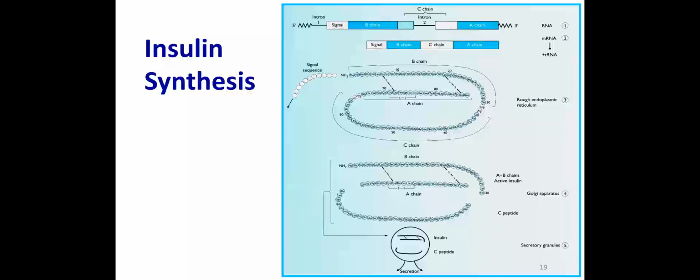The A and the B form disulfide bonds that provide you with the final active insulin hormone. And this processed C peptide becomes co-secreted with the active insulin hormone, and we can measure the C peptide as an alternative readout to insulin production.